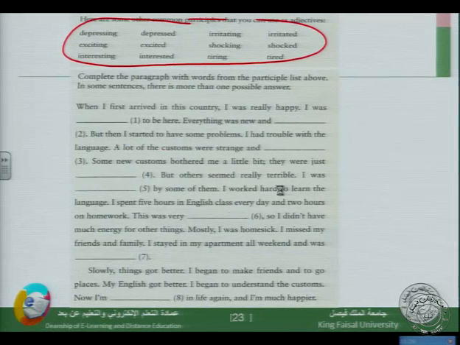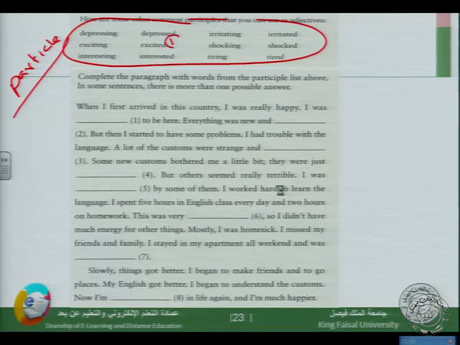Let us read together. And do you remember the participles? We took the participles, the present participle and the past participle. When I first arrived in this country, I was really happy. I was excited. Everything was new and everything was exciting.